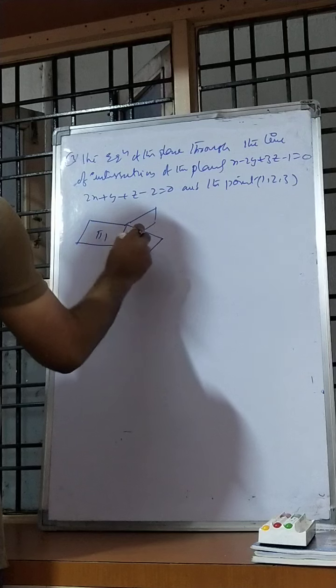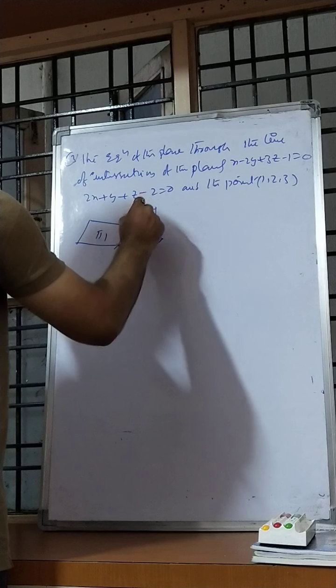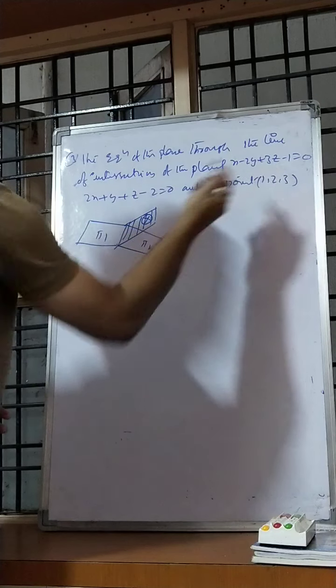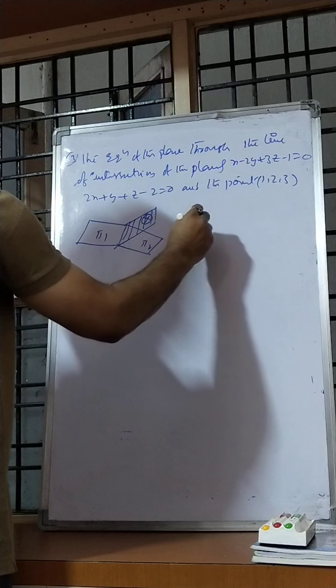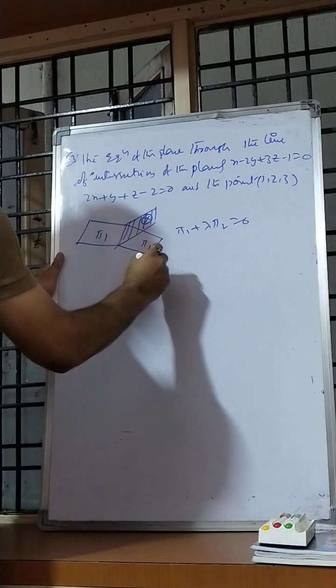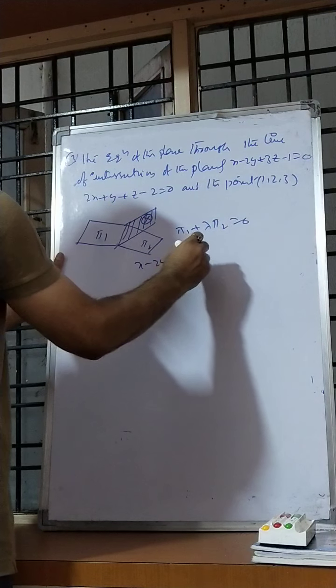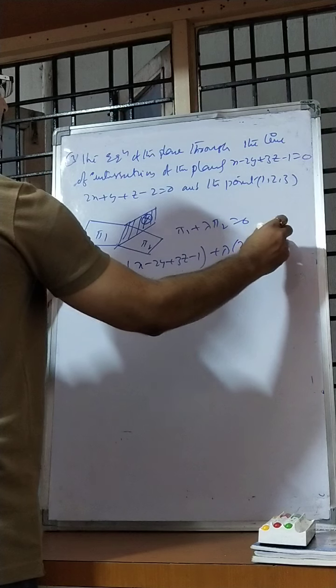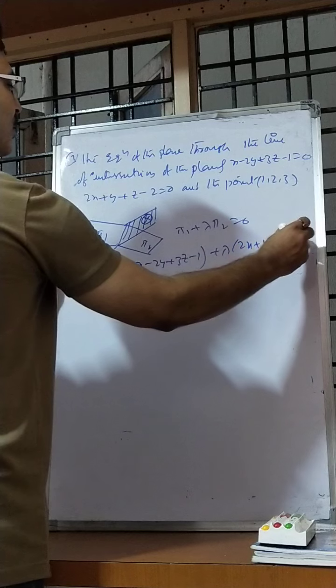So pi 1 is given, pi 2 is given. You are supposed to find this plane, but it is passing through which point? That point. So what I said to you is pi 1 plus lambda pi 2 is equal to 0. So x minus 2y plus 3z minus 1 plus lambda times 2x plus y plus z minus 2 equal to 0.